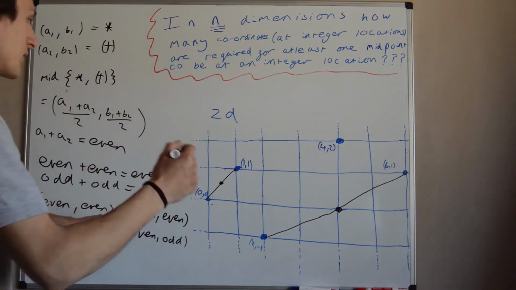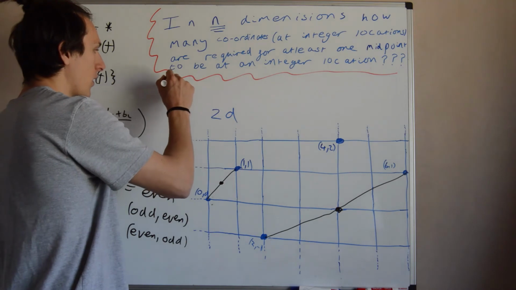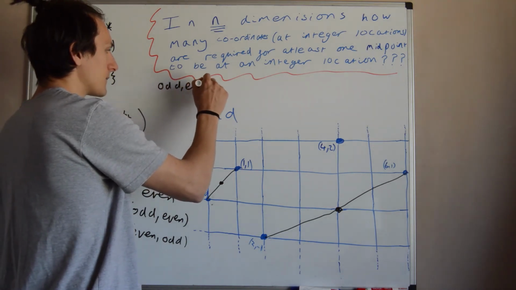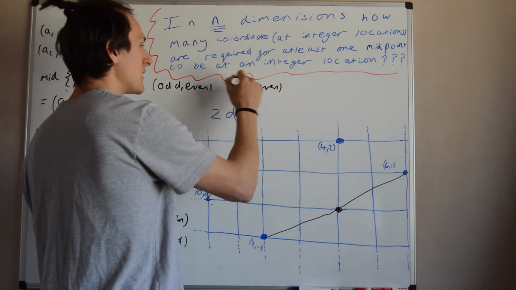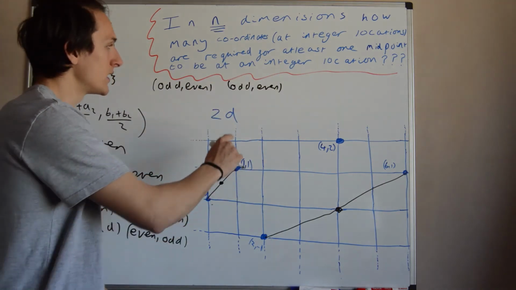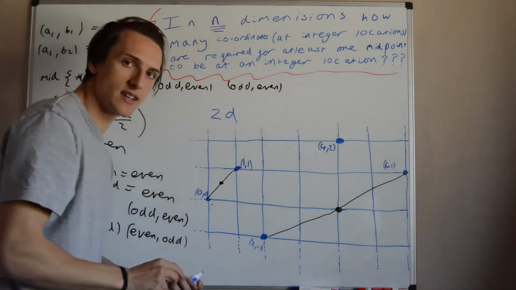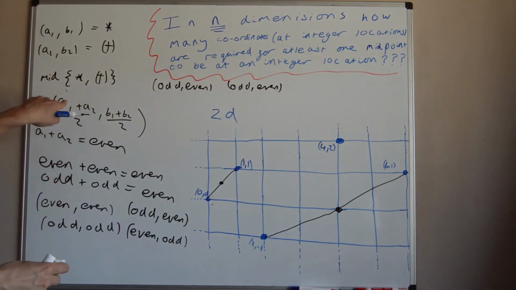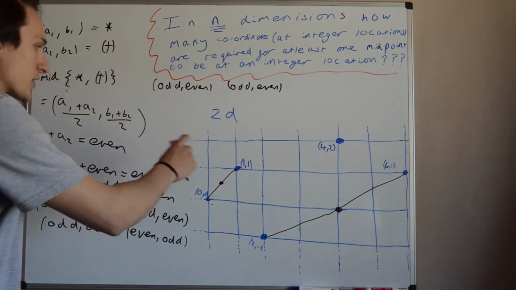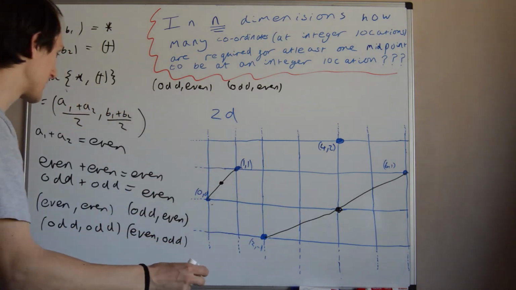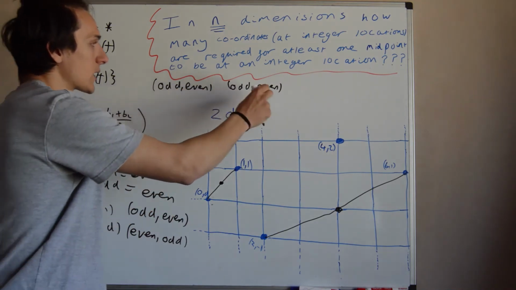Say they're both of the form odd, odd, and then when we take the midpoint, the x coordinates have the same parity, and the y coordinates have the same parity. Therefore, by the working out we did here, the midpoint is also going to be an integer location, because the x coordinates add to an even number, and the y coordinates add to an even number.